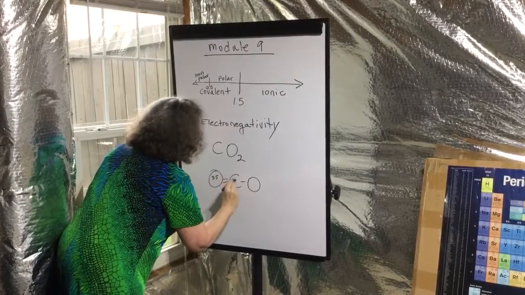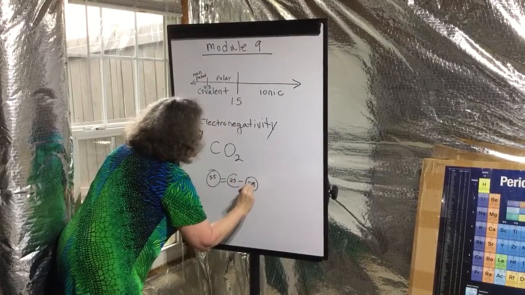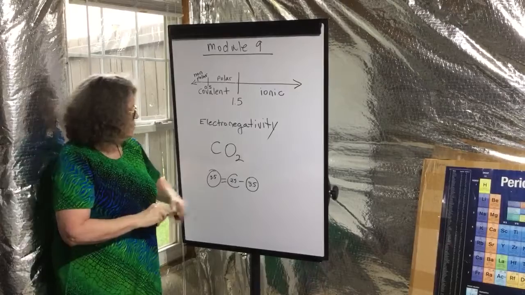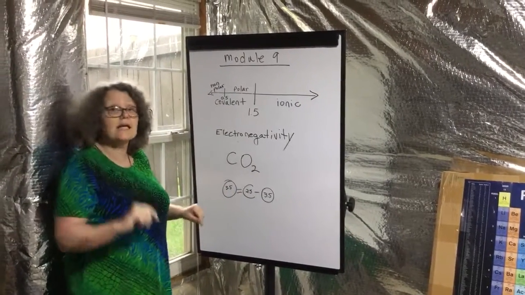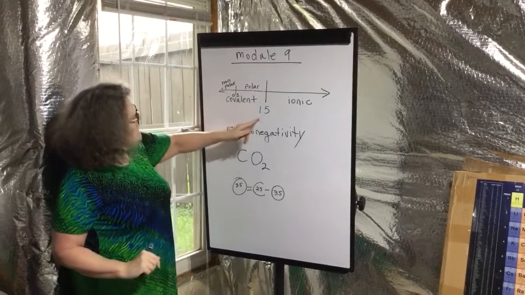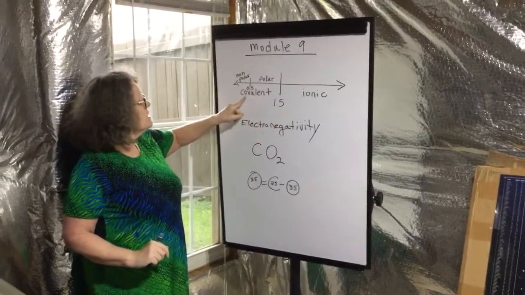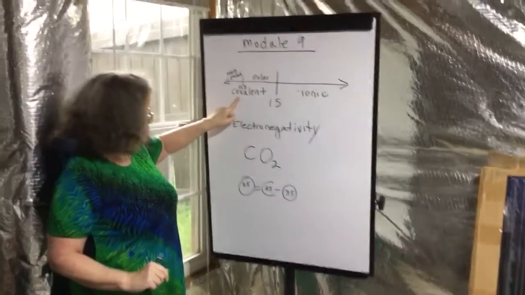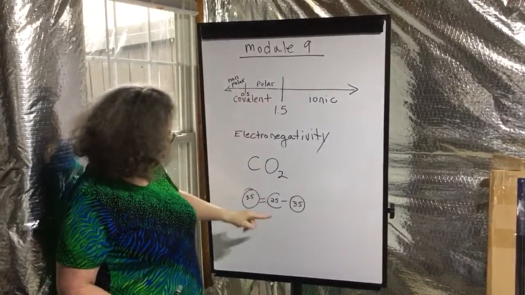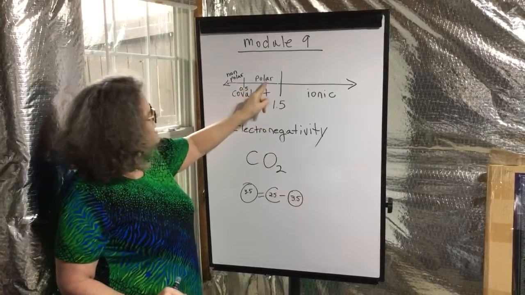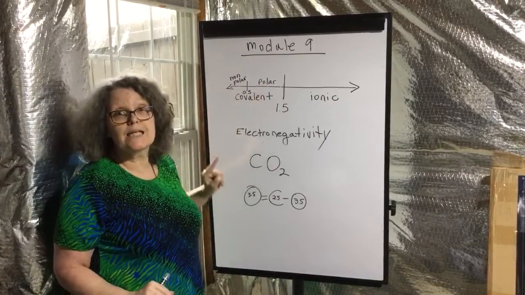This is 2.5. What's the difference between 3.5 and 2.5? 1.0. So what kind of molecule is it? If it's less than 1.5, it's a covalently bonded molecule. If it's between 0.5 and 1.5, like 1.0, it's a polar covalent molecule.